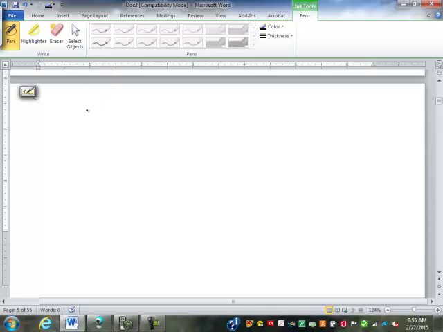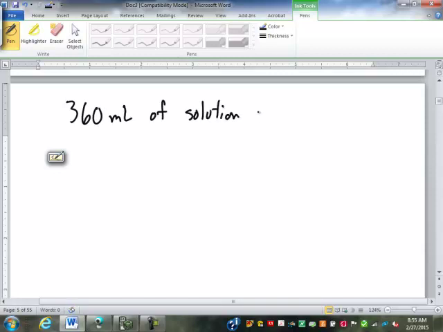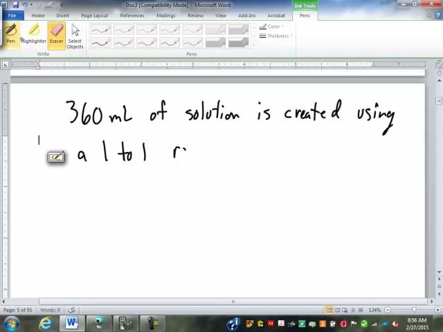Let's do this. 360 milliliters of solution is created using a 1 to 10, sorry, not 10, but 1 to 11 ratio of serum to saline.